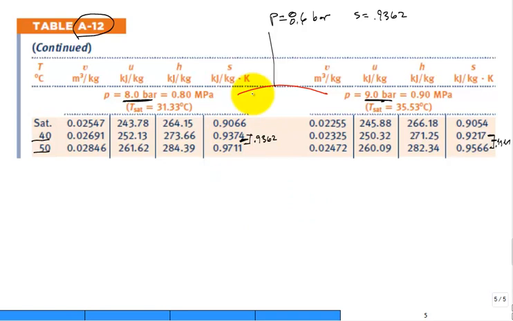You basically find that this is a fraction of the way, 60% with respect to pressure. And so what we can do is set up a mini pressure block of 8.6, and we'll set it up at a temperature of 40 and a temperature of 50. And you take this value of S and this value of S and you combine them. So it's 0.9374 plus 60% of the difference between 0.9217 and 0.9374.